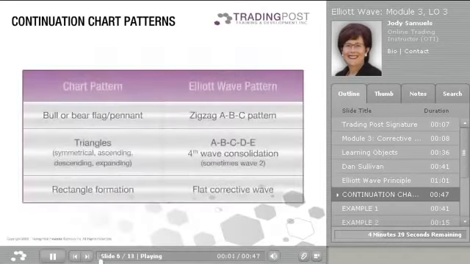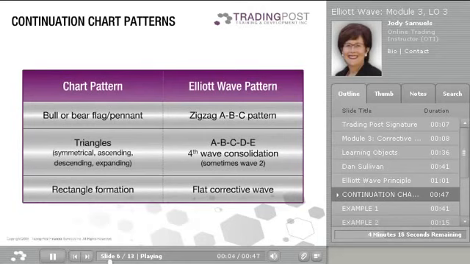Let's look at some examples of the continuation patterns. The classic bull or bear flag or pennant looks exactly like a zigzag pattern, which is typical in wave 2 or 4 positions. The bull flag is a continuation pattern in a rising market. The bear flag is a continuation pattern in a falling market.